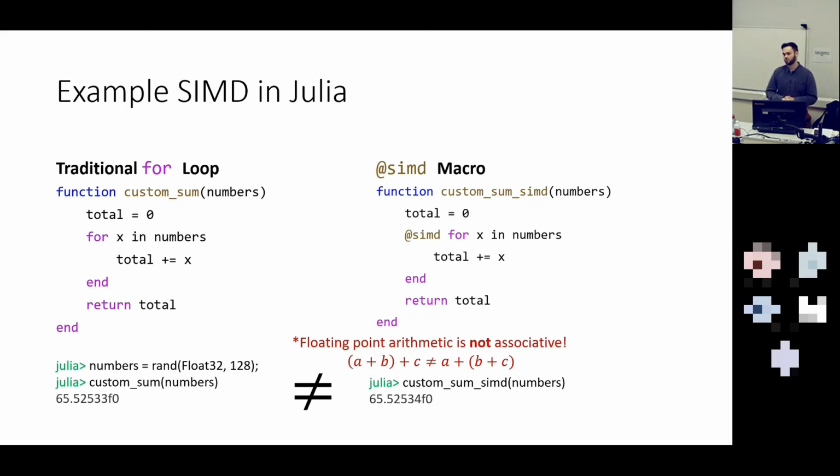But why is it not associative? Because remember we were talking about how floating point numbers are represented in memory, and it's a sort of discrete representation of a continuous value in base 2. So you have rounding errors and things in there. Oh, okay. Yeah, it is commutative. So if you do A plus B and B plus A, they'll be the same.